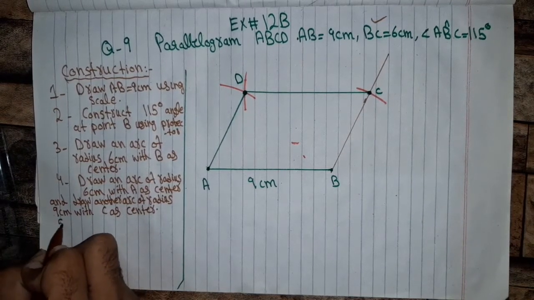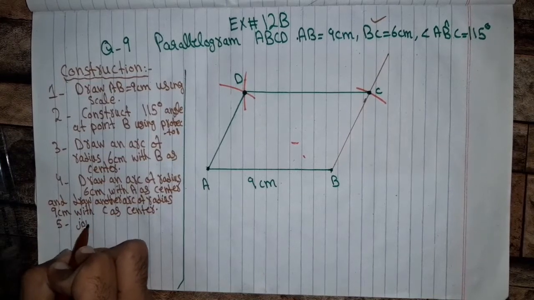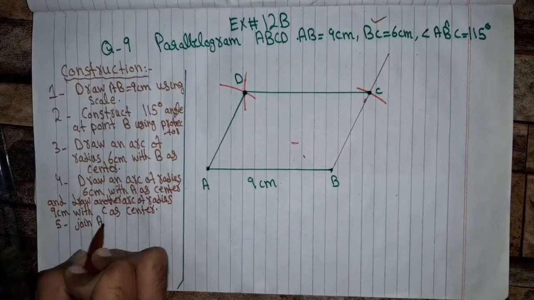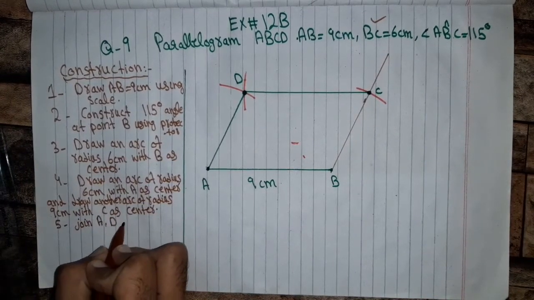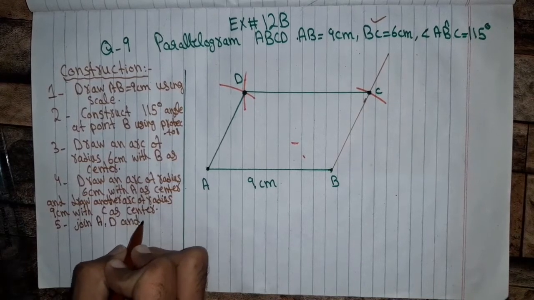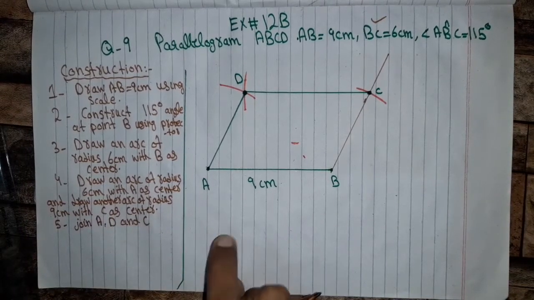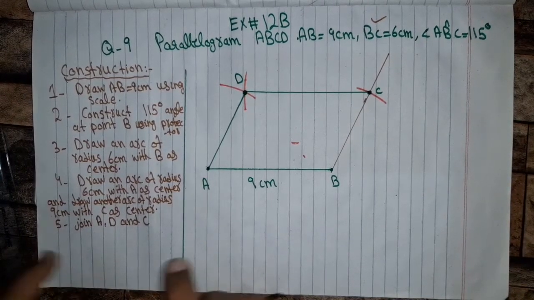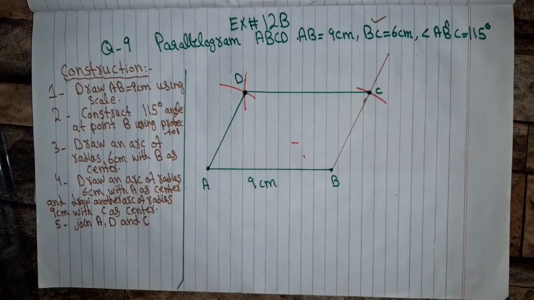And the fifth step is join A, D and C. So these are the 5 steps that we have done.